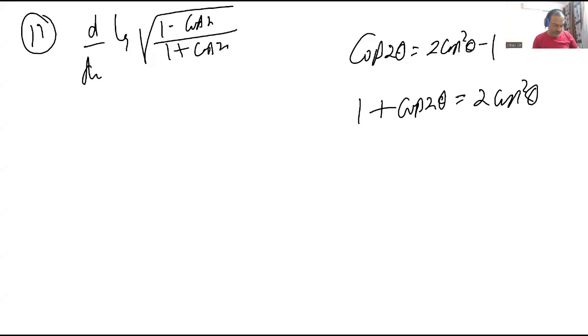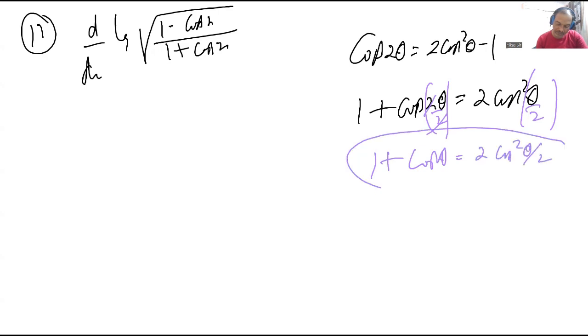What else we can do is, I can simply take the half of the angle. And if I am saying the half of the angle, it means I have to do the half angle in each and every place where there is theta with this angle. Now, by doing all these things, the 2 and 2 will cancel. I will be having 1 plus cos theta is equal to 2 cos square theta over 2.